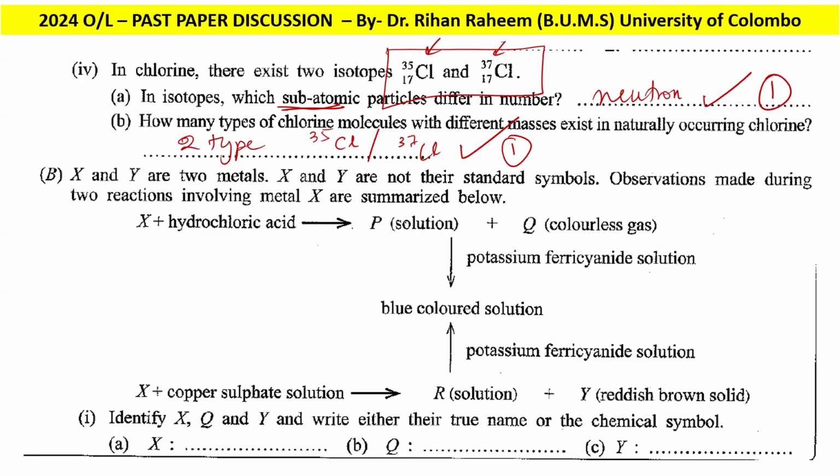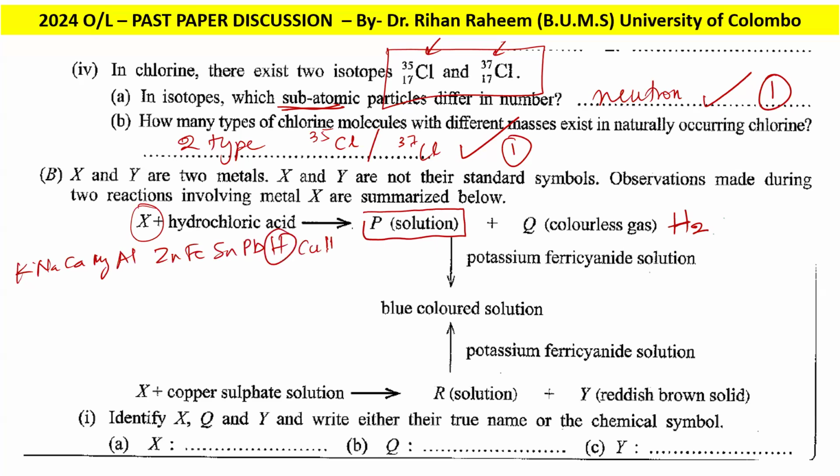X plus hydrochloric acid will give a P solution and a colorless gas. So if an acid is reacting with a metal and releasing a colorless gas, obviously it has to be H2. From this you can identify that X is above hydrogen in the activity series. You all know the activity series, then hydrogen, then copper, mercury, silver, platinum, gold.